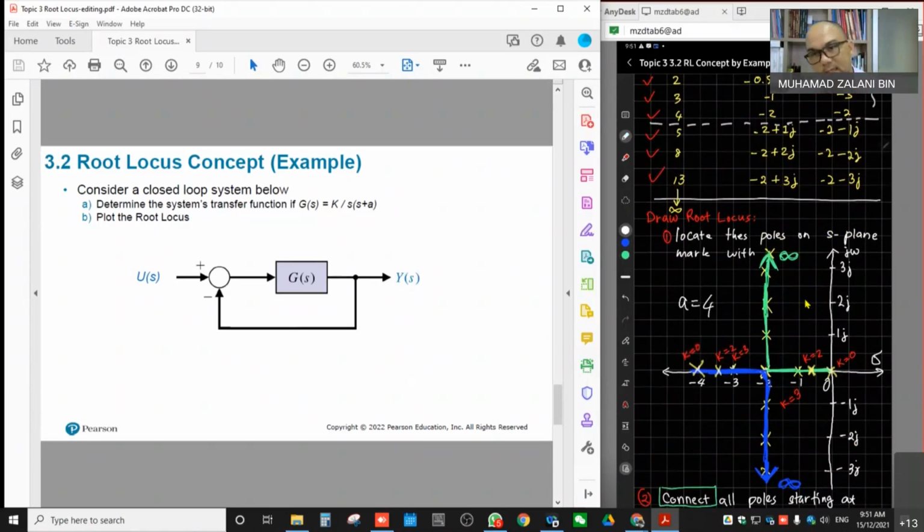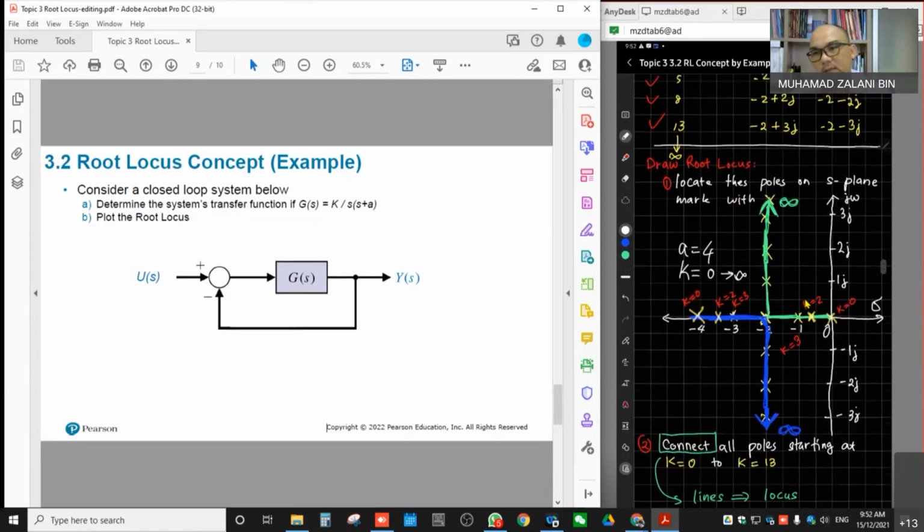Huh? We fix A equals to 4 and we vary K from 0 to infinity. Okay, so this is the root locus that we have.